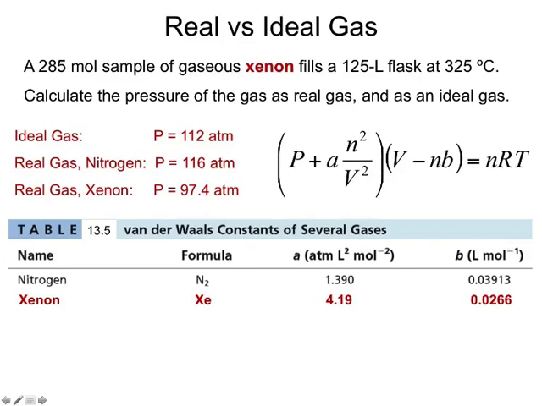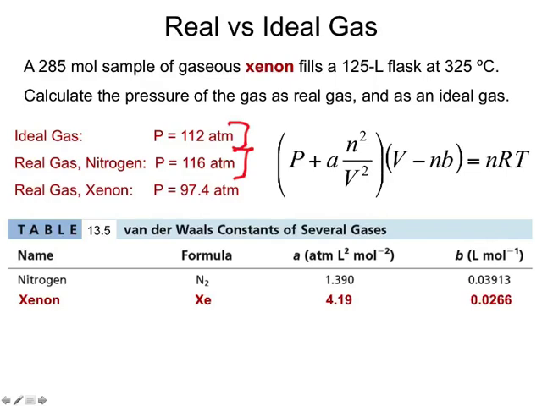So let's compare. So our sample of gas, this nitrogen, as an ideal gas it was 122 atmospheres, as a real gas it was 116 atmospheres of pressure, so there's a difference there. In this case, not a really large difference, but still a notable difference, and if you want that precision, you need to use the correct equation, the van der Waals equation, to calculate for pressure.